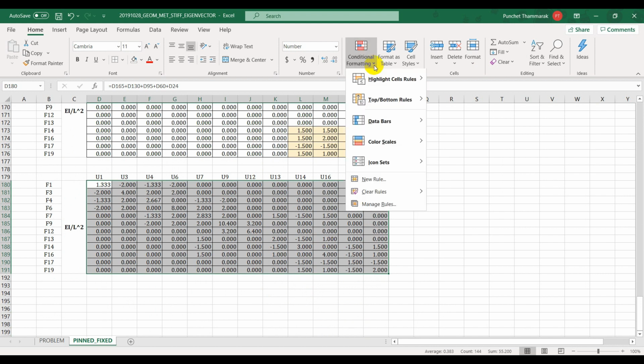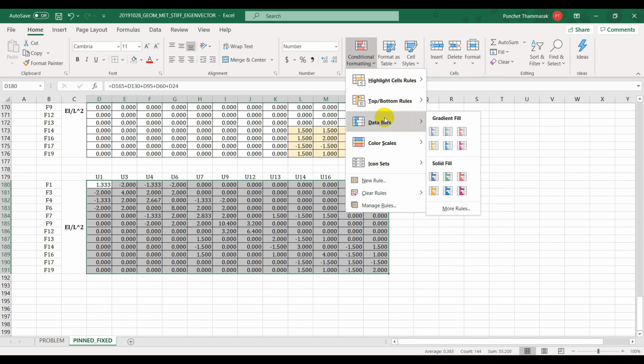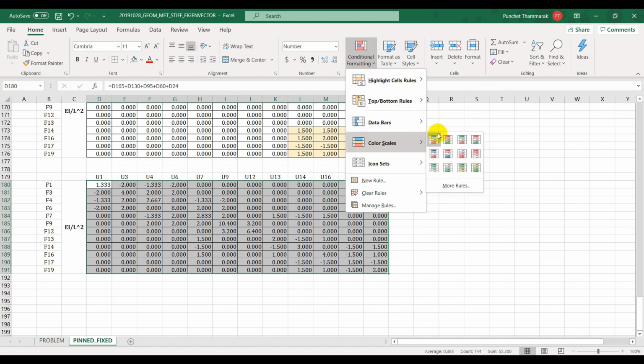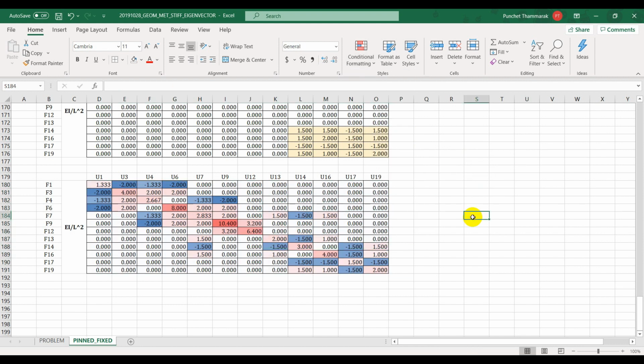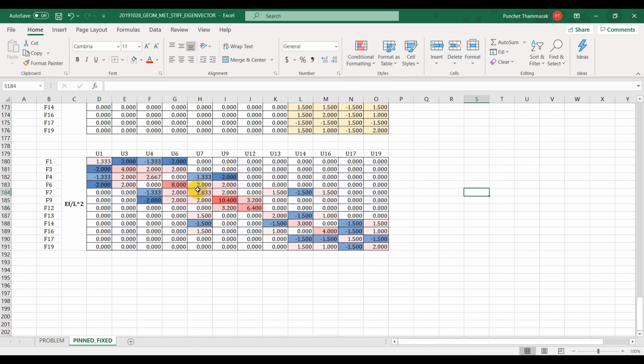Actually, if you don't want to, you can do the conditional formatting, yeah, you can see which one is non-zero. Yeah. Okay, this one looks okay. Looks good. I think the matrix looks like it is. We have a good symmetry in here. Okay.